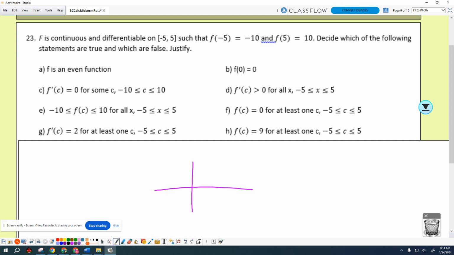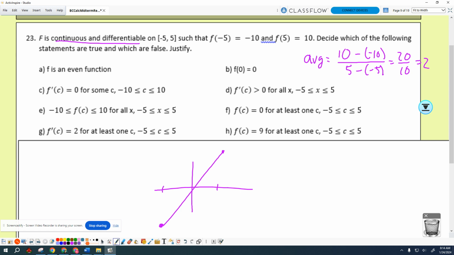For these, I always draw the givens. (-5, -10) is a coordinate and (5, 10) is a coordinate, and it is continuous and differentiable. So what is the average slope? f(5) minus f(-5) over 5 minus -5.